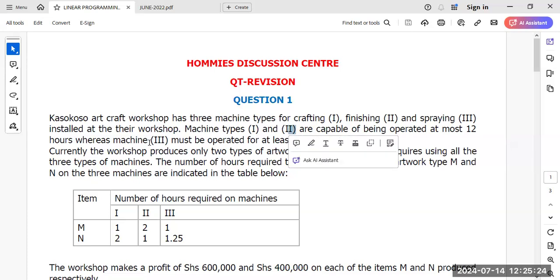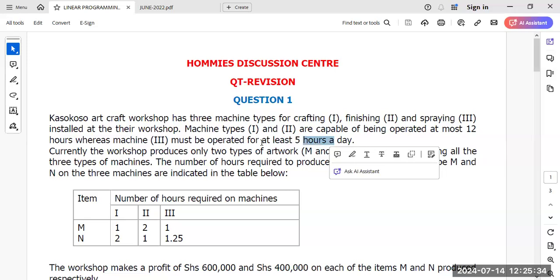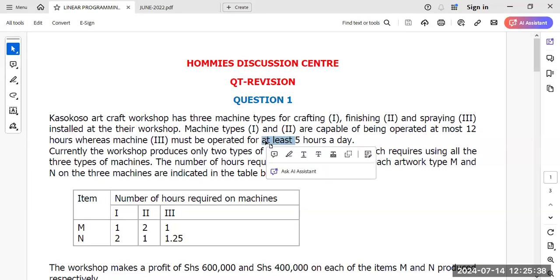Then machine type 3, they are telling you that it must be operated for at least 5 hours a day. So that is another constraint, at least. These are the words you must be looking for in the question, to know that this is not my decision variable, because they have indicated this word.